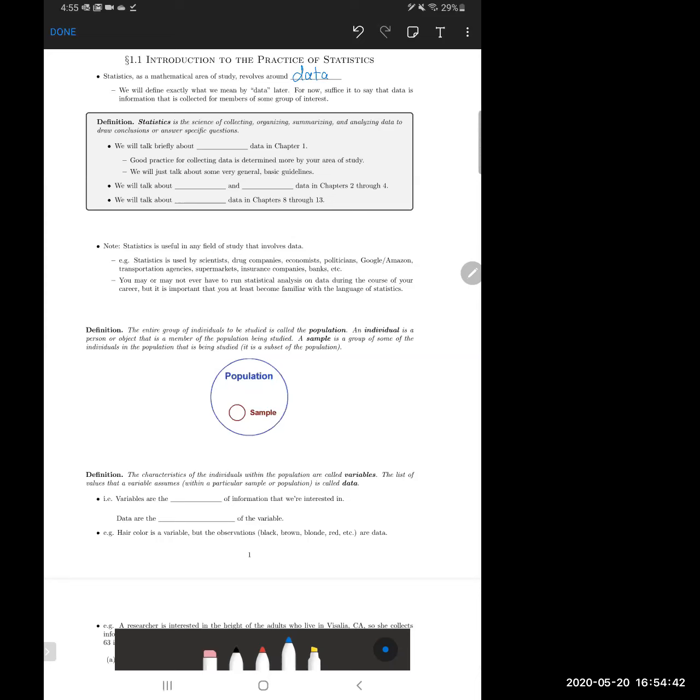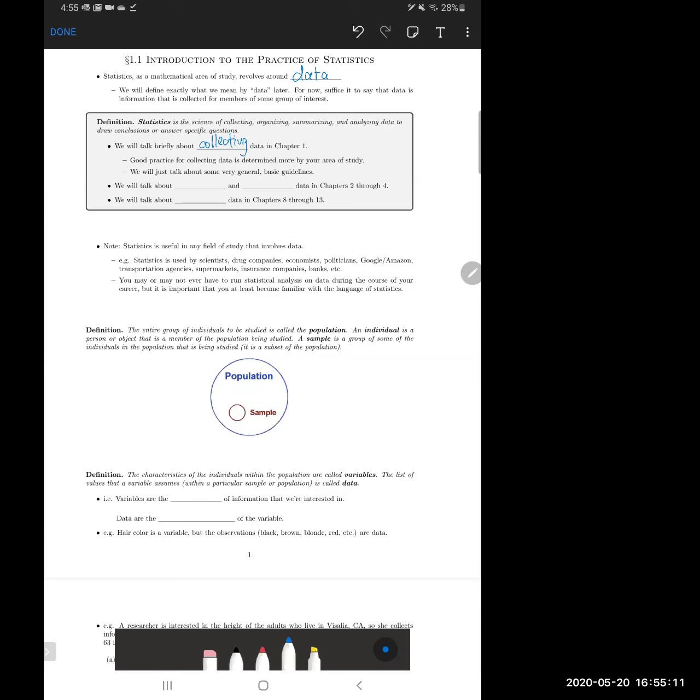But for now, just suffice it to say that data is information that's collected for members of some group of interest. So statistics is the science of collecting, organizing, summarizing, and analyzing data. And so we'll talk about each of those four things, although we're not going to talk a lot about each of them. The first step, collecting data, we'll talk about that briefly in chapter 1.